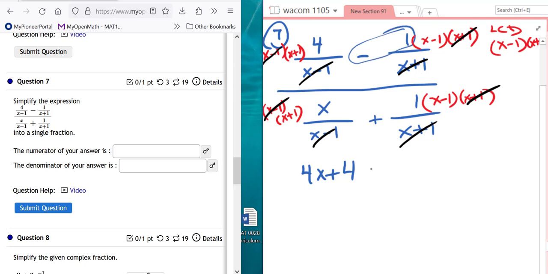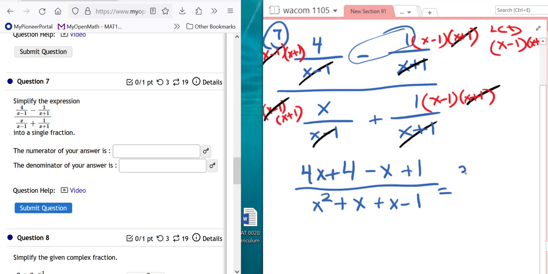So that's going to be a minus x and a plus 1. Down here, you're going to have an x squared plus x. And this one will give us an x minus 1. So we have 4 minus 1 is 3x plus 3. And down here we have x squared plus 2x minus 1.